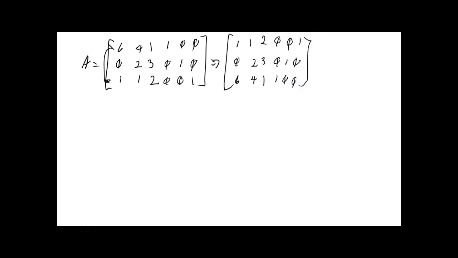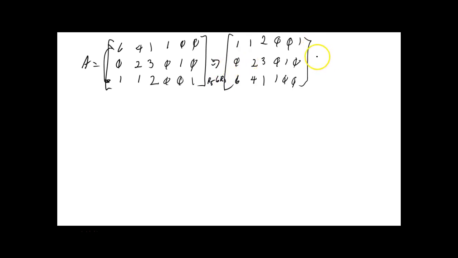Now, what do you want to happen next? 0 where the 6 is. You already got a 0 below that 1. Fantastic. Saves us some work. But you need that 6 to become a 0, and how will you make that happen? Row 3 minus 6 row 1.